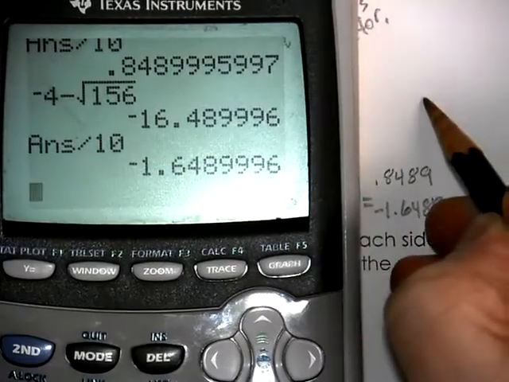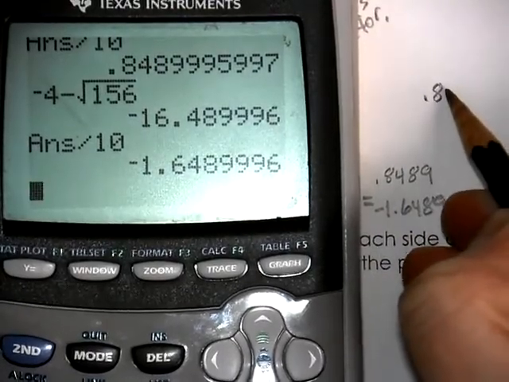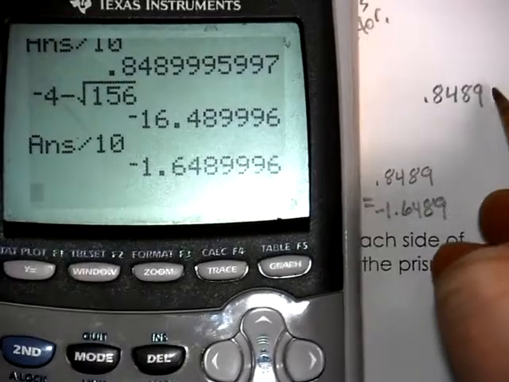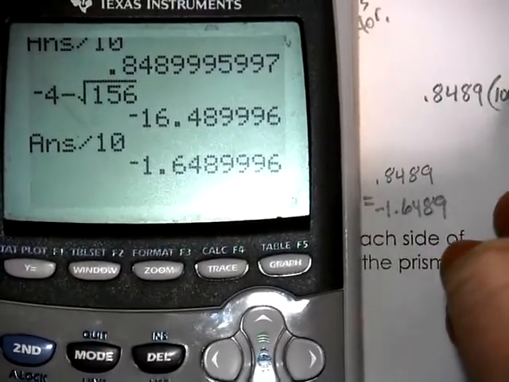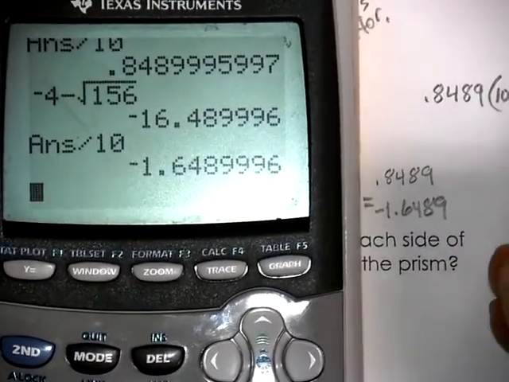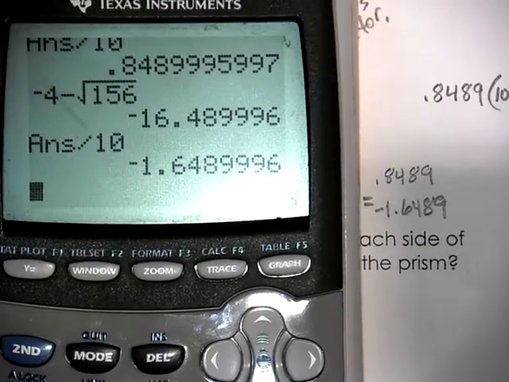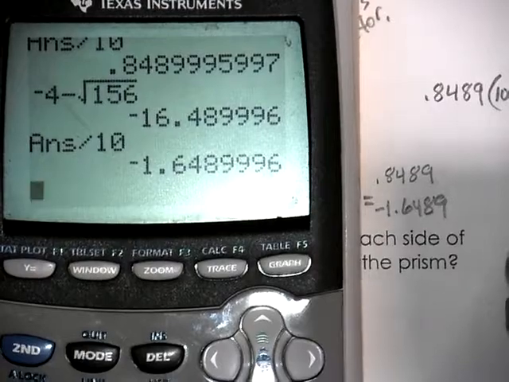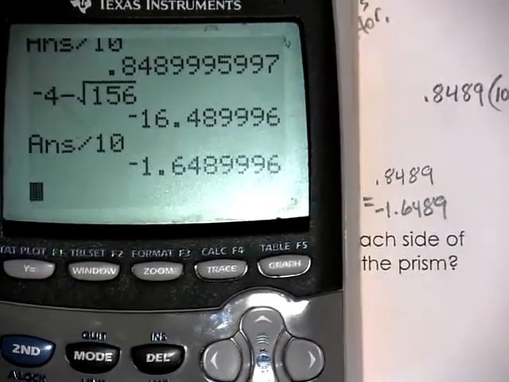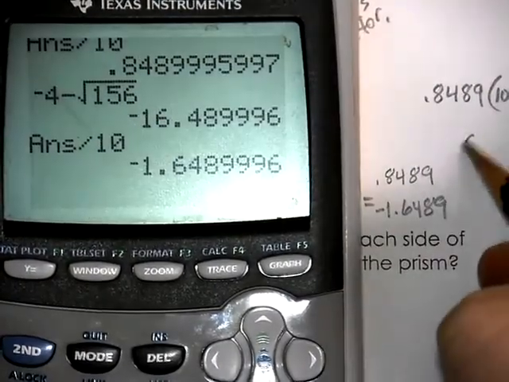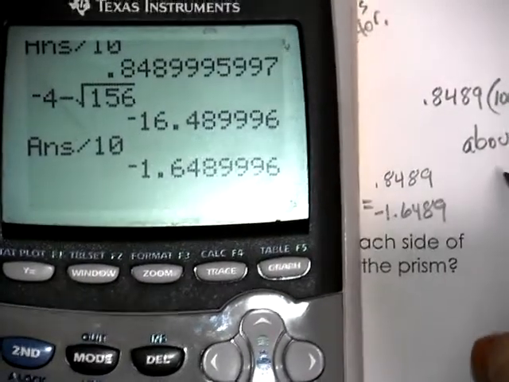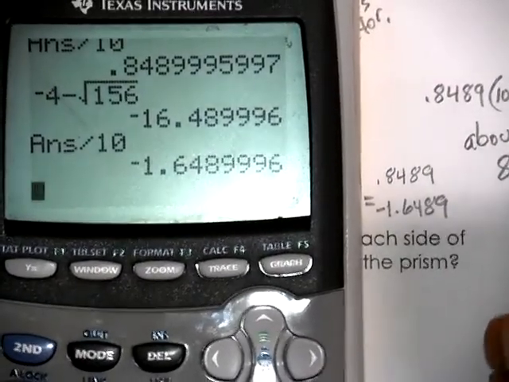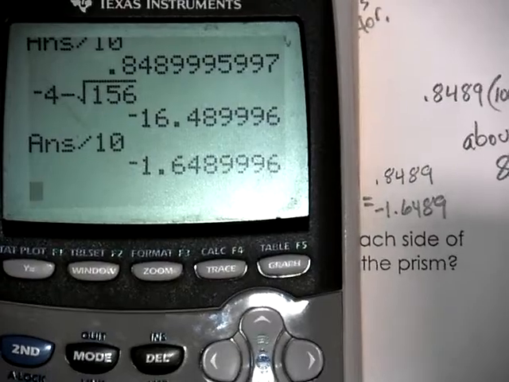So we're going to take our 0.8489 times 1,000, and that gives us 848.9, so about 849 items.